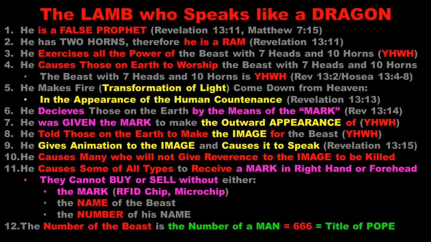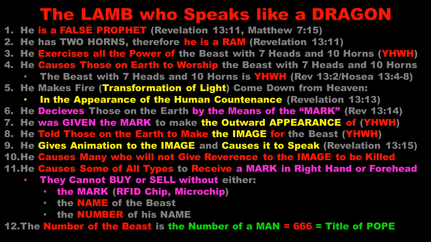But the book of Revelation says, starting in number 6 here, the image deceives by means of the mark. So it says the Lamb who speaks like a dragon was given the mark to make the outward appearance of the beast. And that mark, it says in number 11 here, is also put on the right hand or the forehead, and they buy or sell with it.